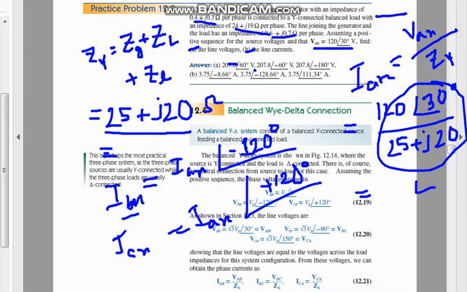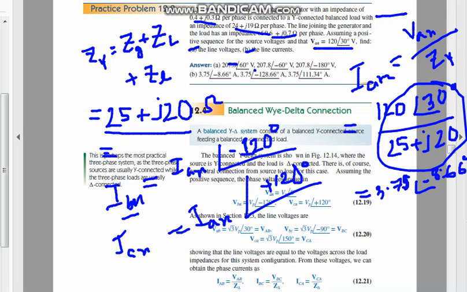After dividing these two, you will get 3.75, and the angle will be minus 8.66 degrees.